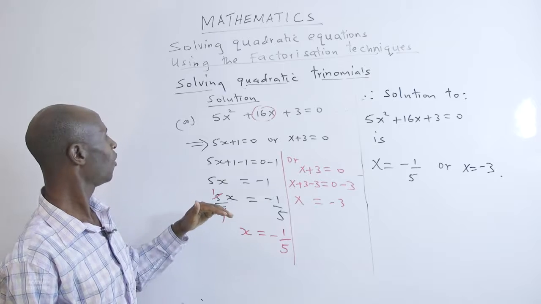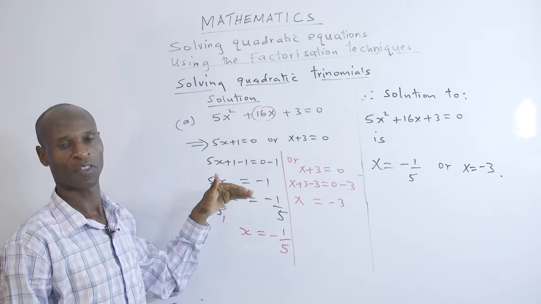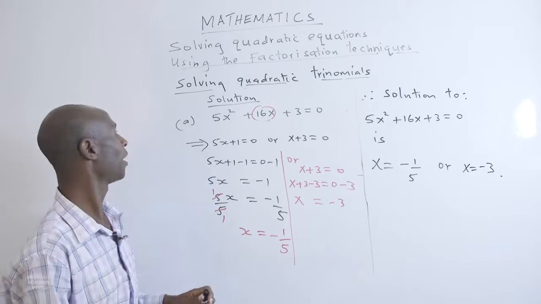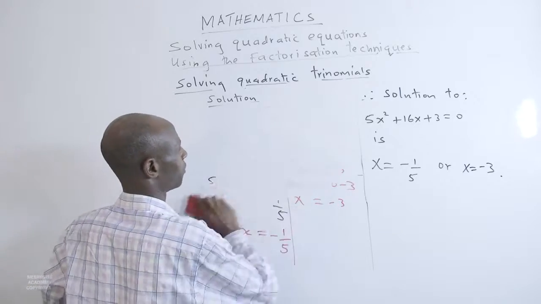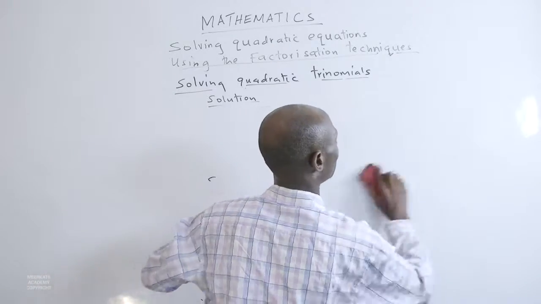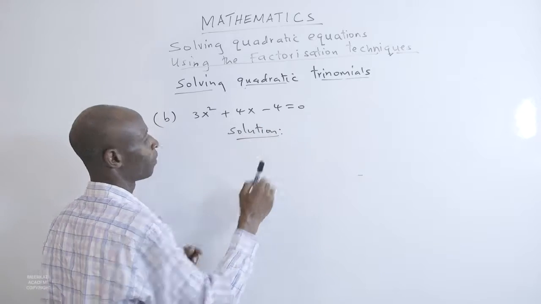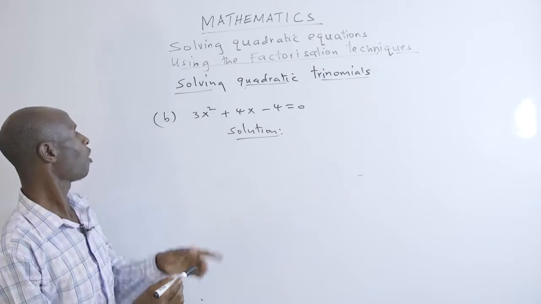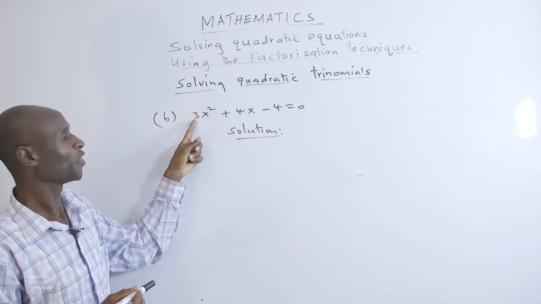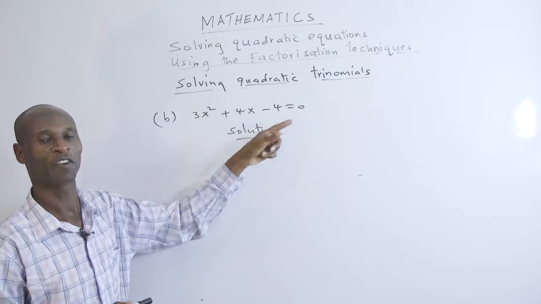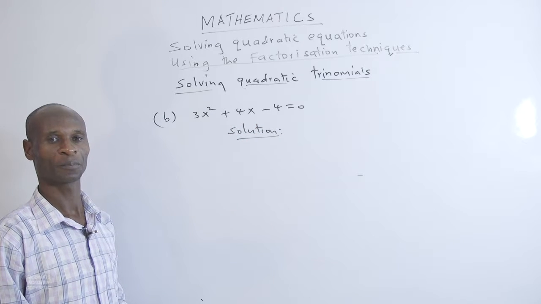Class, let us now look at more examples on the same as part B. Now class, solve this quadratic equation 3x squared plus 4x minus 4 is equal to 0.